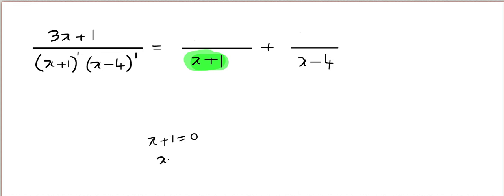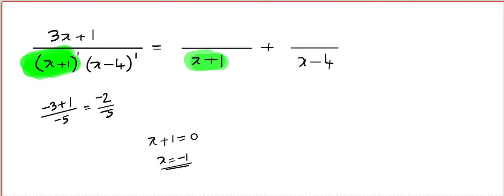Oh, when x is equal to minus 1. Now what you do is, you plug in x equal to minus 1 everywhere other than x plus 1. That is, we suppress x plus 1 and plug in the value. So what is 3 into minus 1? Minus 3. Minus 1 minus 4, minus 5. That will be minus 2 by minus 5, 2 by 5.